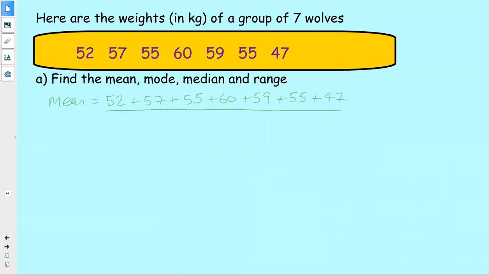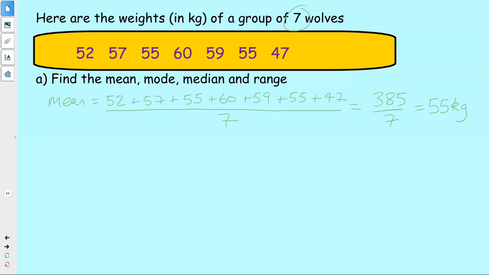In this case, it tells you there's 7, and you want to double check by counting them, you can. Okay, I'm going to add all of that together, and you should get 385 divided by 7, and the answer is 55 kilograms.